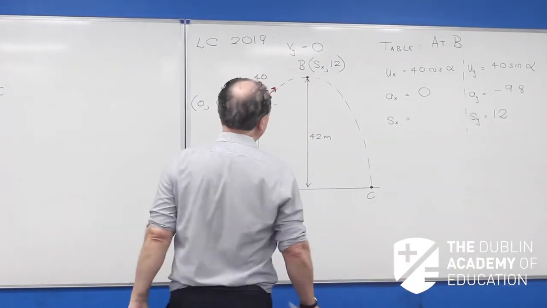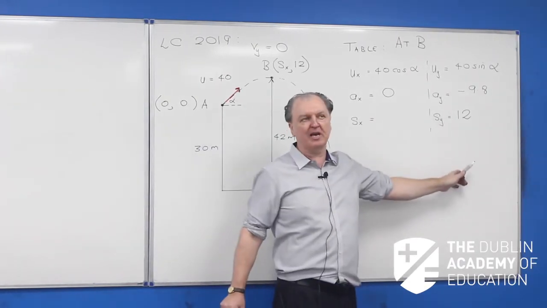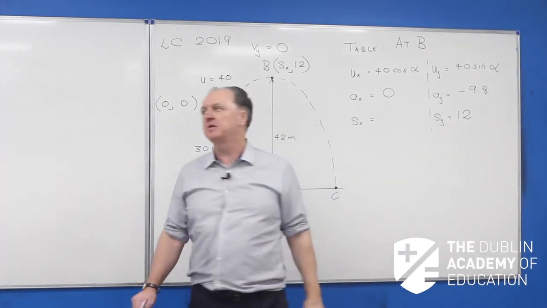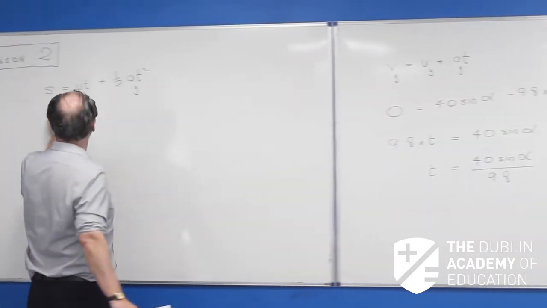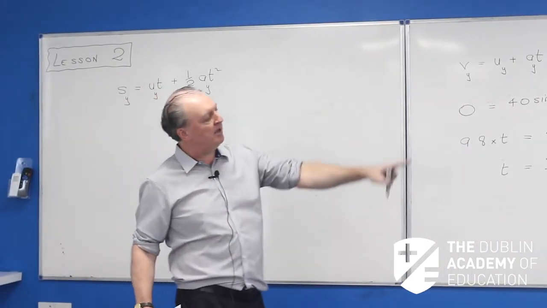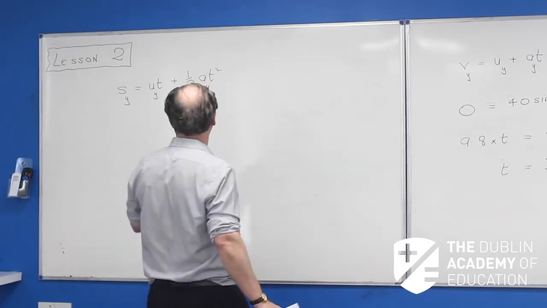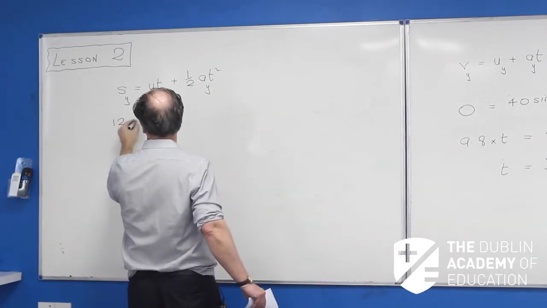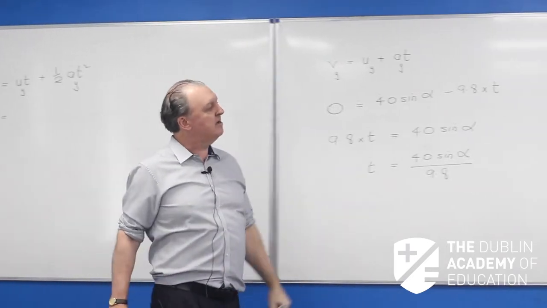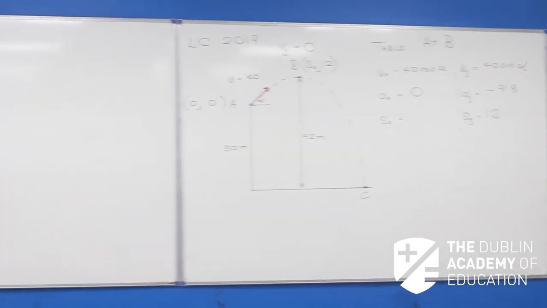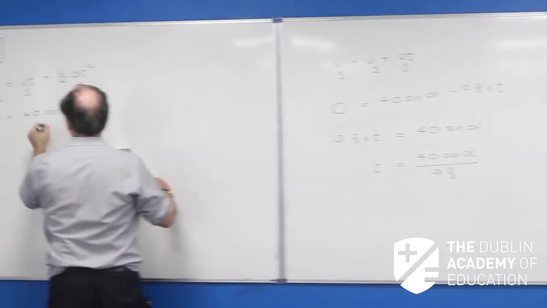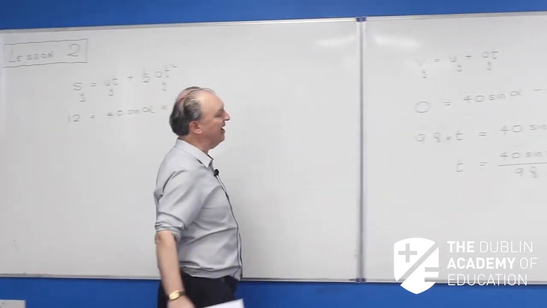Now, I'm going to go to my s equals ut plus a half at squared equation, and I'm going to do it in the y direction. So, Sy, when I arrive at B, is 12. Uy is 40 sine alpha, multiplied by the time.